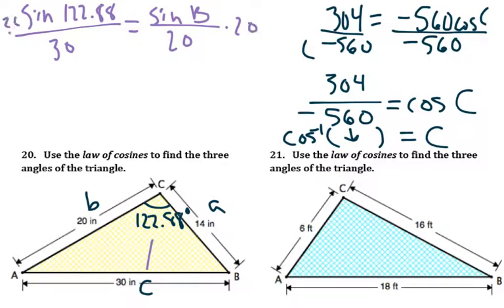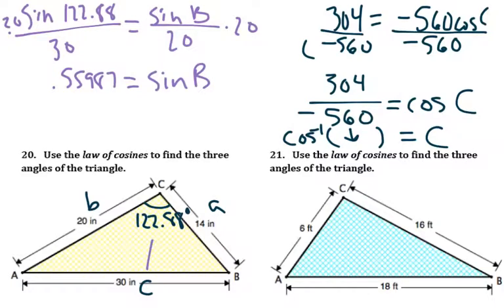So I times both sides by 20. We get the sine of B equals whatever 20 times the sine of 122.88 divided by 30. We get 0.559872.